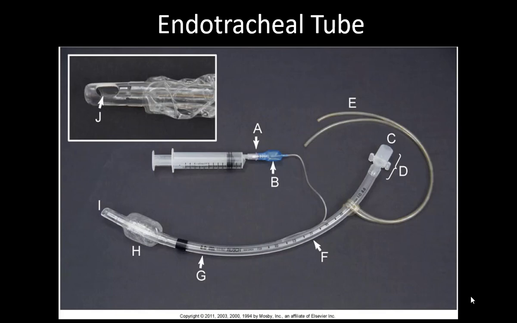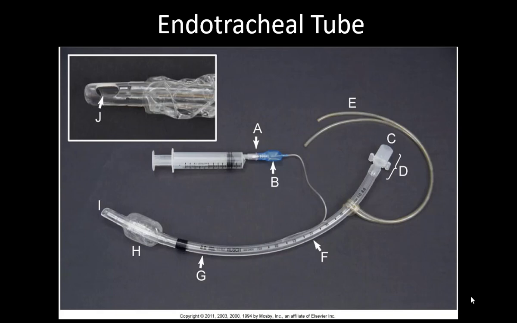Connector, size 15 mm. And E is tie. What is F? Radio line. What is G? The size of tube written over there. And what is H? Cuff. This is patient end.